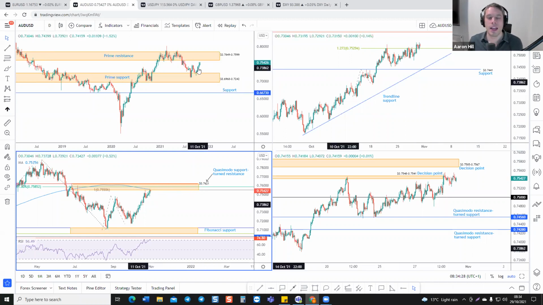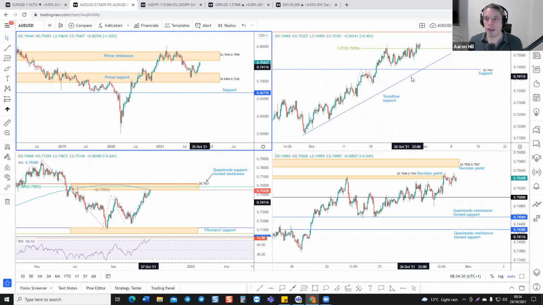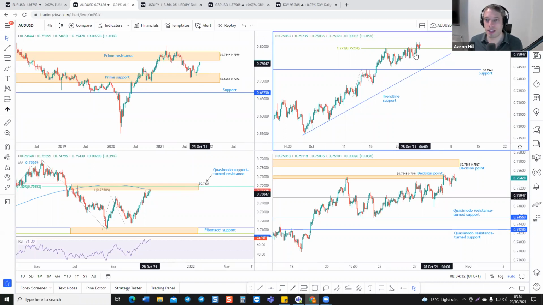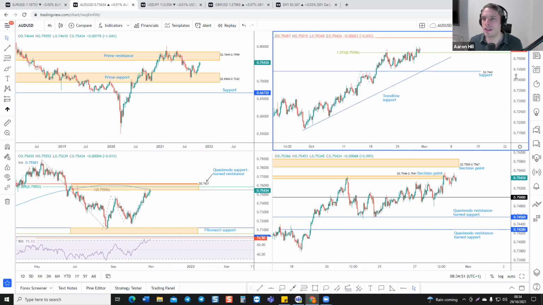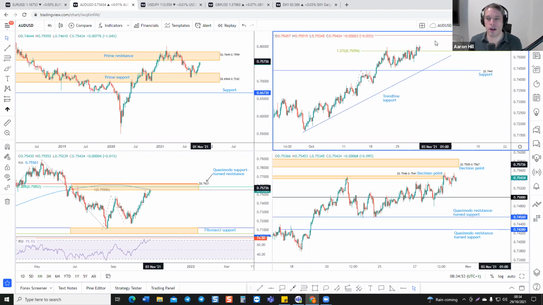However, in agreement with the weekly time frame, we have seen H4 price climb above the 1.272% Fibonacci projection at 75.29, excuse me. And this could encourage further buying to Quasimodo resistance at 75.99 on the H4 timeframe.